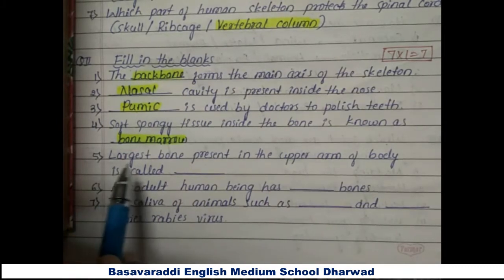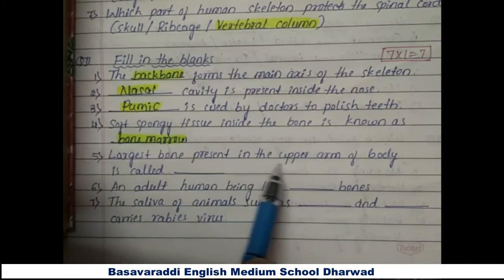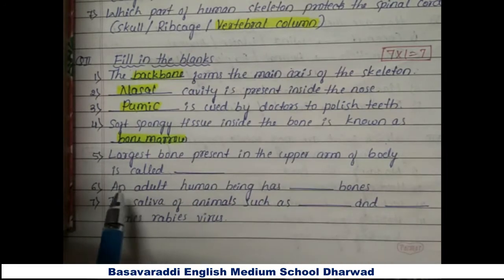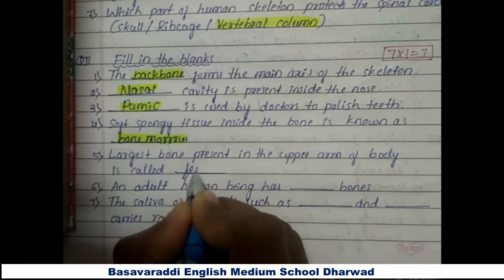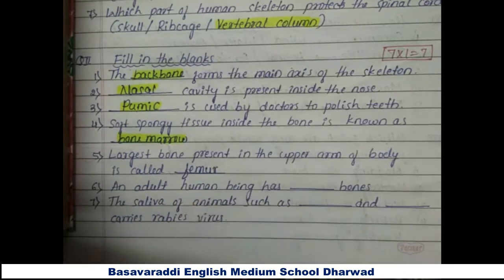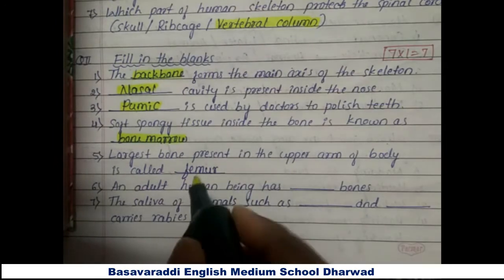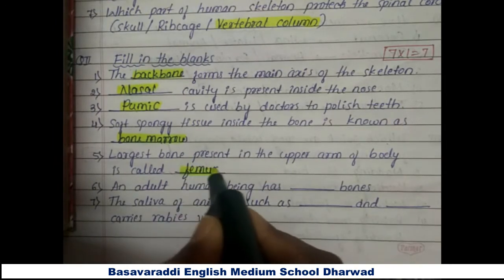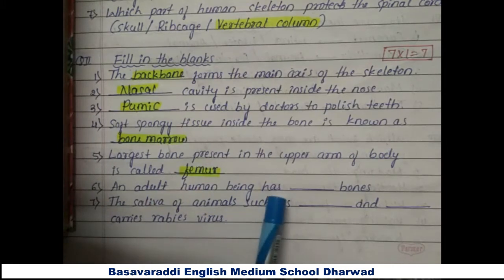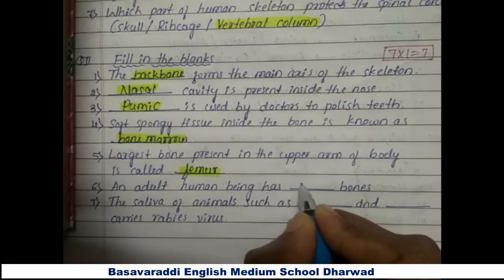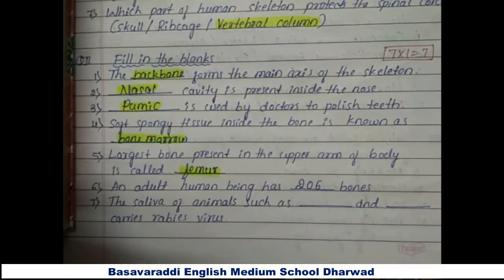Fifth one, the largest bone in the body is called dash. That is femur. Femur is the thigh bone present in the upper leg. Sixth one, an adult human being has 206 bones.